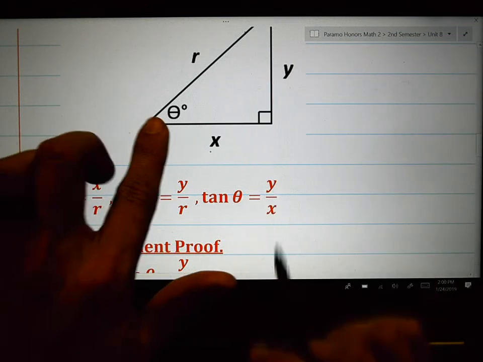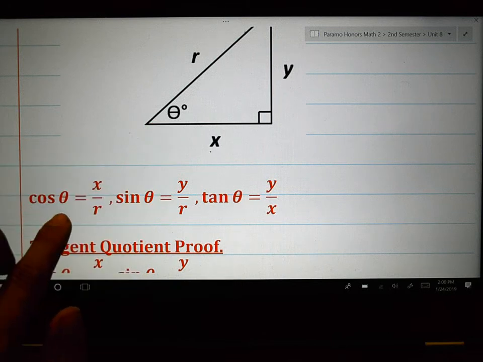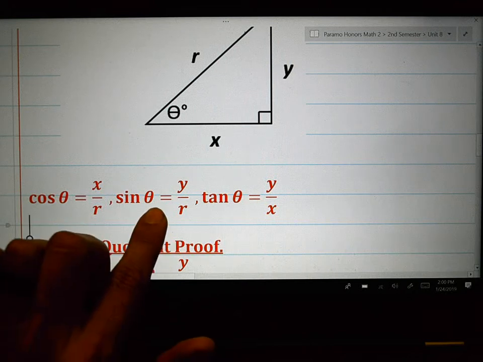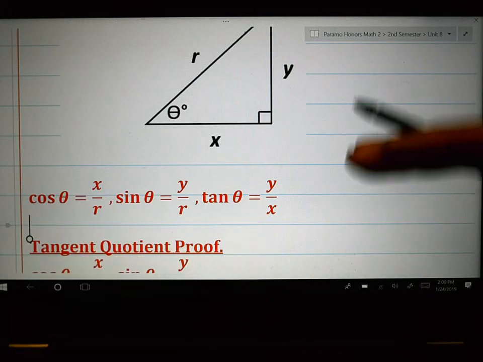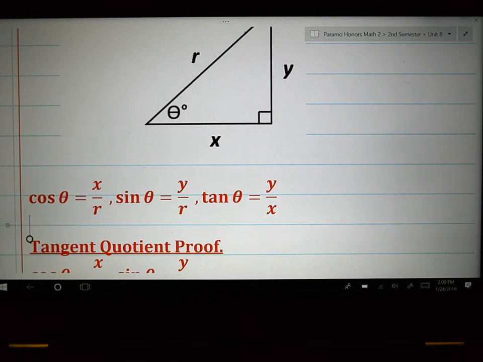And for whichever angle it is, the cosine will always have the x in the formula, the sine will always have the y in the formula, and the tangent has a y and an x, which means a sine and a cosine in the formula.